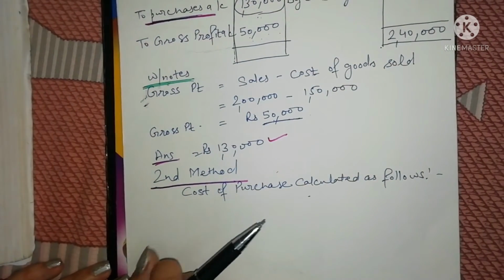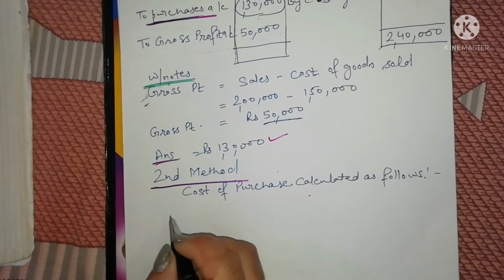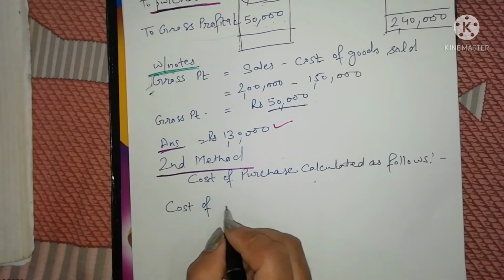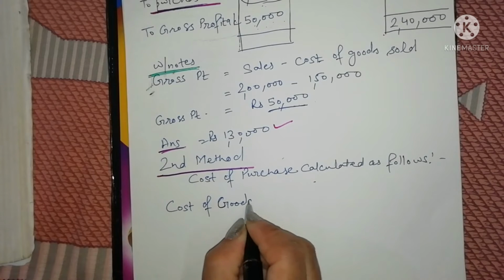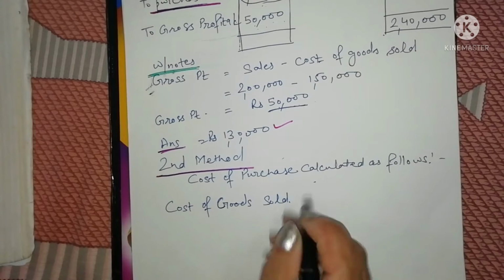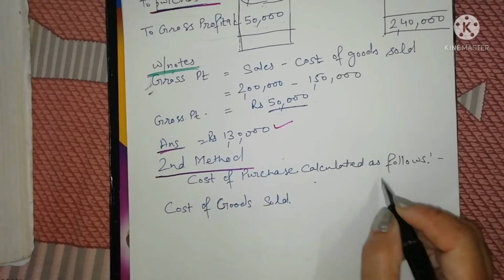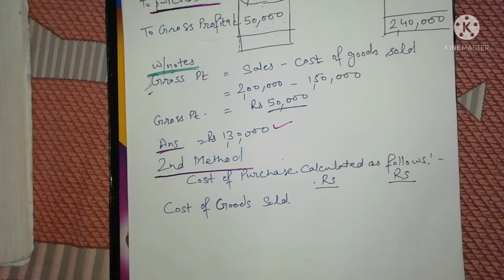We will write cost of goods sold, which is given in the question, rupees 1,50,000, because the purchase amount is valued at cost. But when we sell the material, we add the gross profit also. So here we need only the cost of goods sold, not the sales figure, because profit is included in the sales figure.